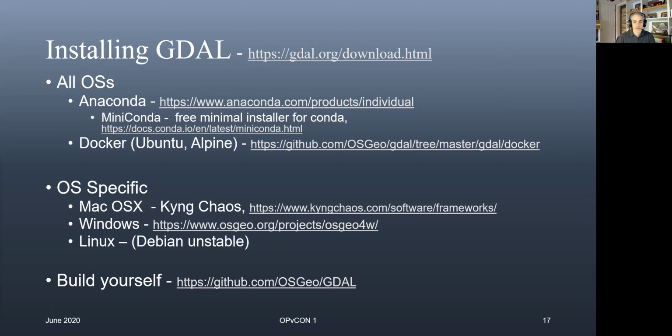Windows has this thing called OSGeo for Win. If you're familiar with Cygwin, I guess it has a kind of an installer that is similar to OSGeo for Win, where you pick the different libraries you want and you hit play and it installs for Windows. Linux, there is a Debian unstable build. That just means more recent.